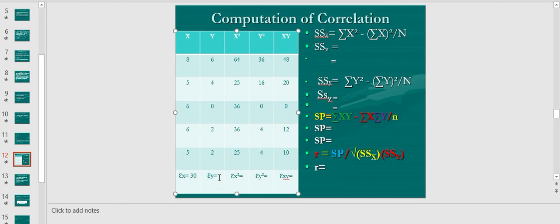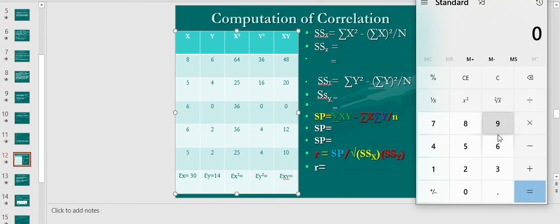The sum of y is equal to 14. And 64 plus 25, 36, and 36, and plus again 25 is 186.